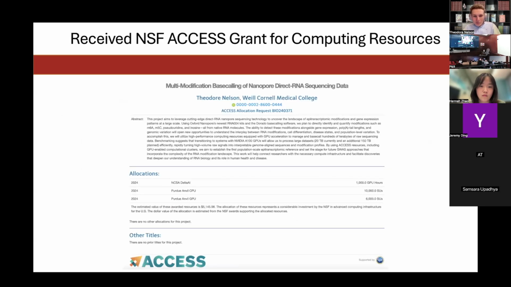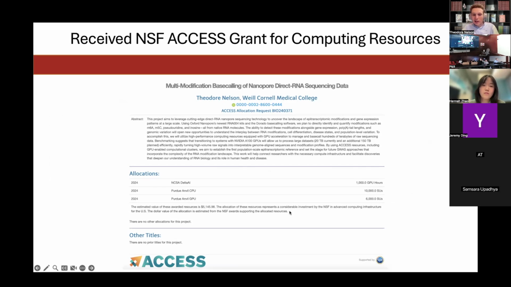I will also note that this project and some of its associated work has received lots of grants, lots of collaborations, lots of data. And this access grant in particular, for those of you who are looking to do single molecule sequencing and would like HPC resources, will be available.